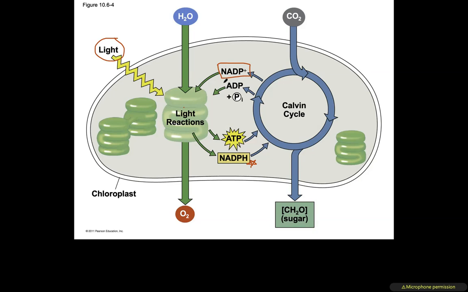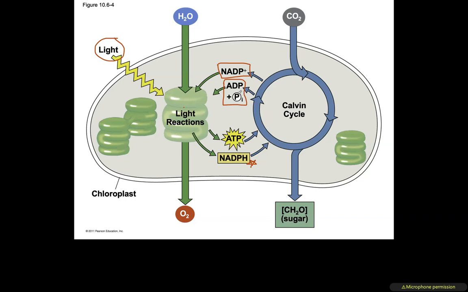Other components coming into the light reaction are ADP, adenosine diphosphate, a low potential energy molecule, and an inorganic phosphate, just a phosphate group. They call it inorganic because it's not attached to the ATP yet, so it is not participating in an organic molecular form at this point.